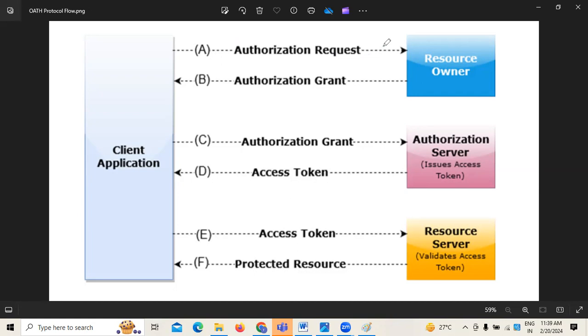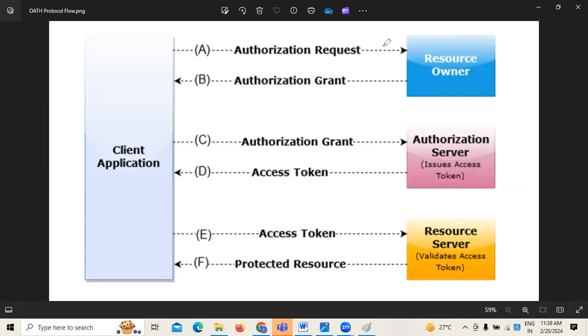Next, once we have updated the authorization with the resource owner details and credentials, there is a reply from the resource owner to the client application, wherein the client application receives the authorization grant that is required, against the request which was made here.